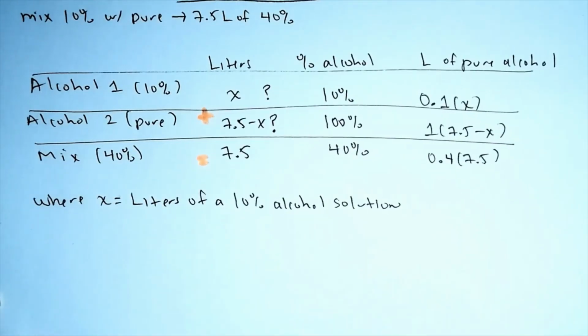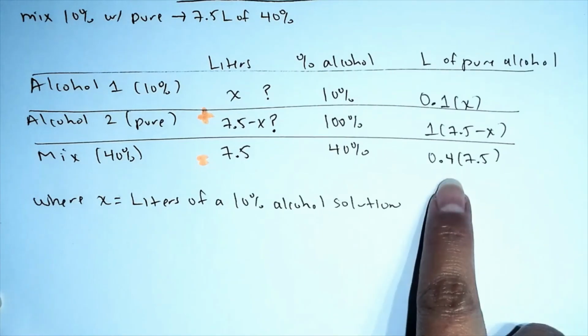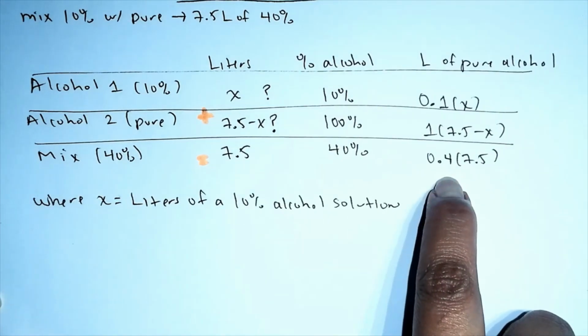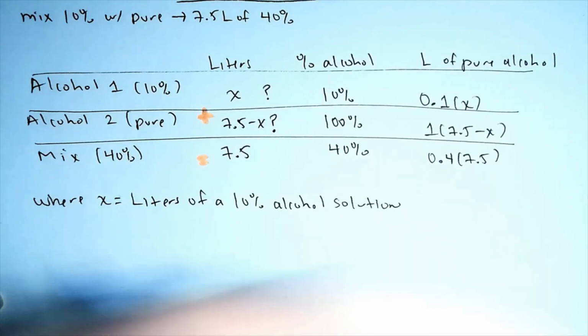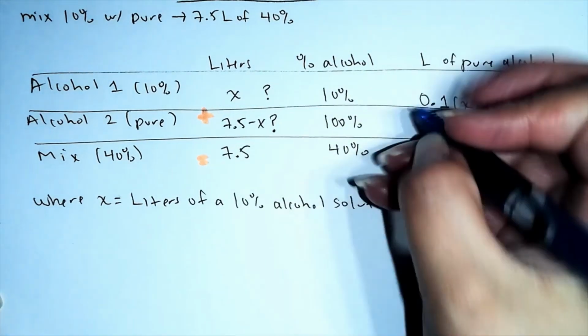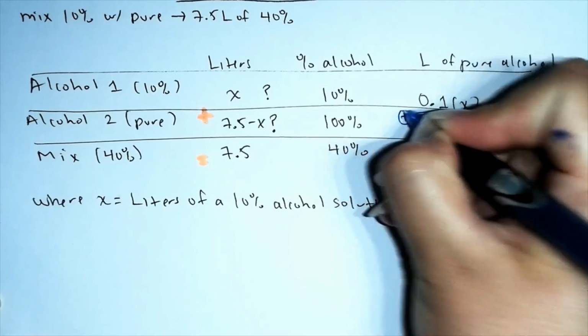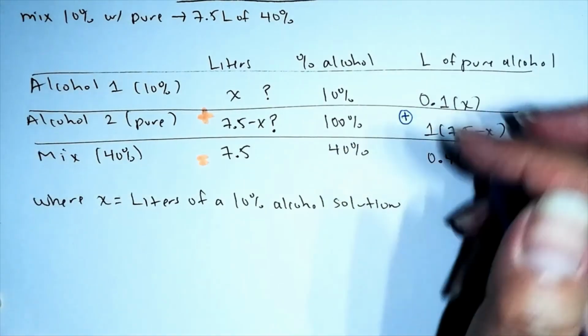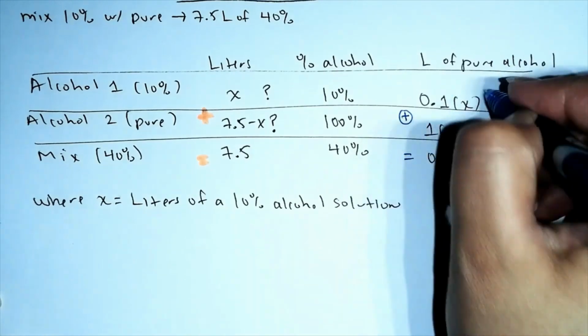We know how much pure alcohol is in the mix, but the question is, where did that come from? The amount of pure alcohol in the first one plus the amount of pure alcohol in the second one should give you the amount of pure alcohol in the mix.